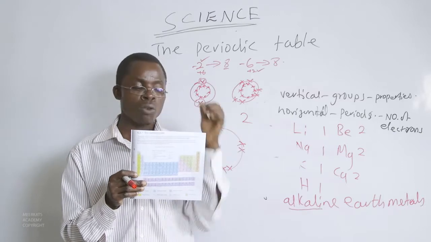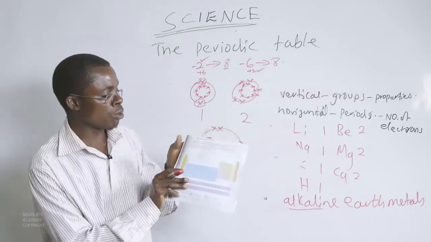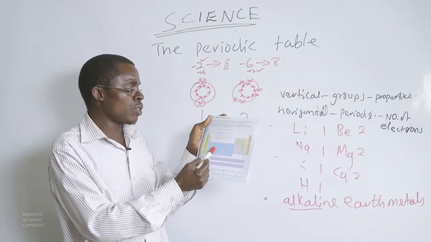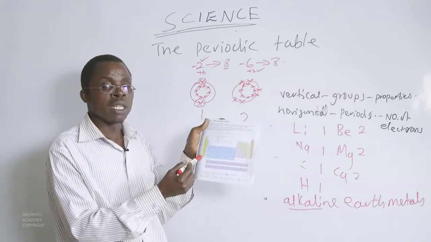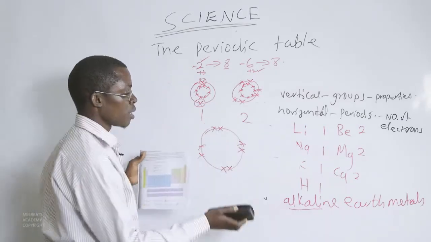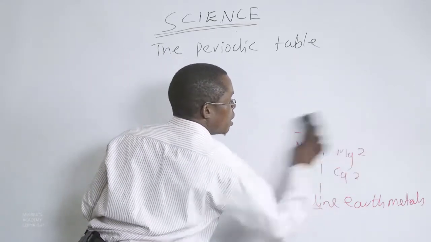I want us now to look at another aspect, which is to look at why each of these elements has been written in the way it has been written. It must have a reason why it has been written the way it is.